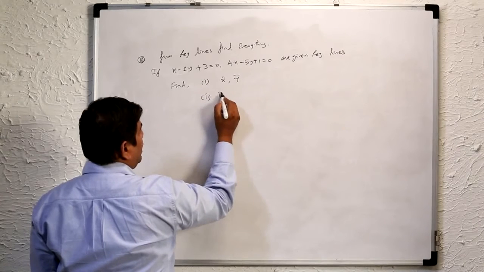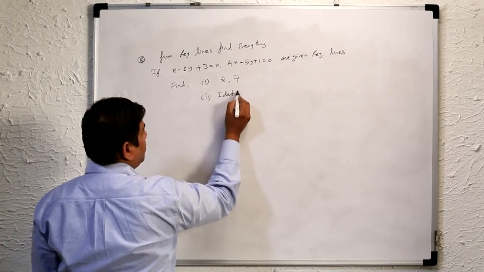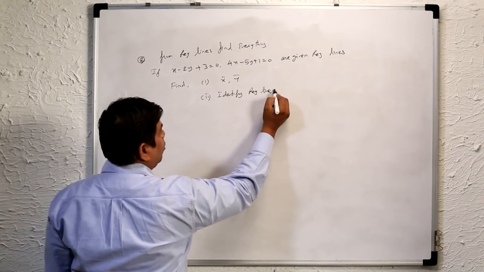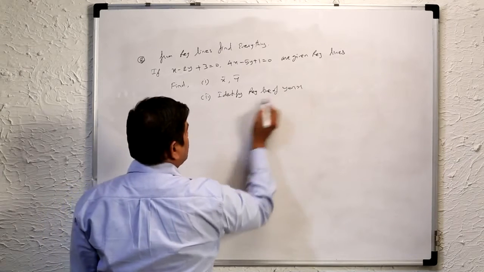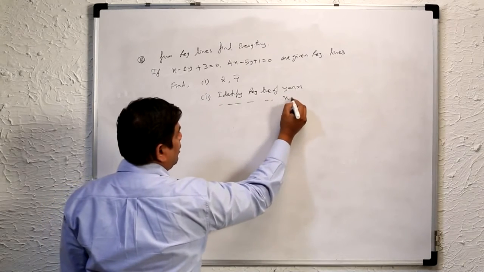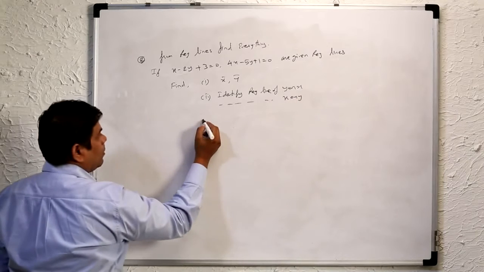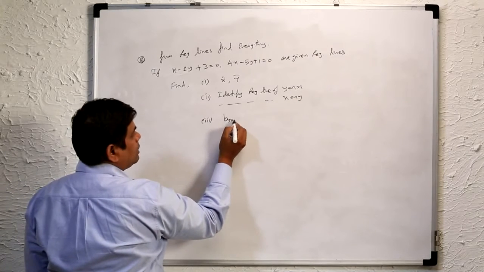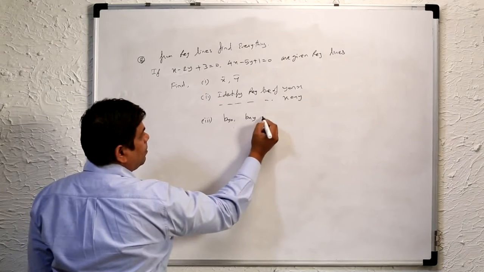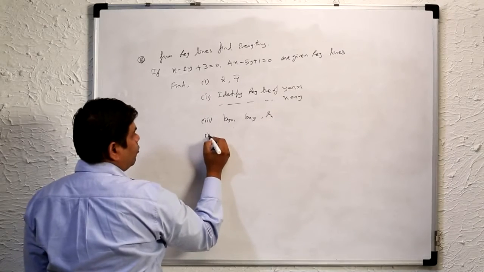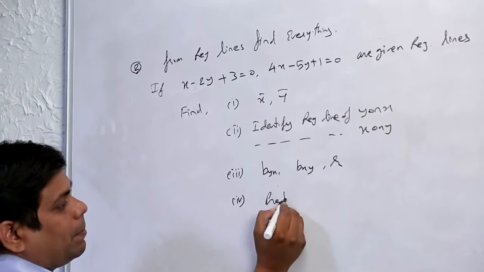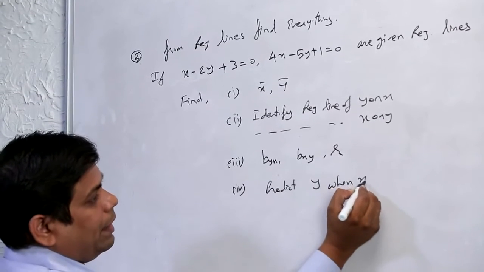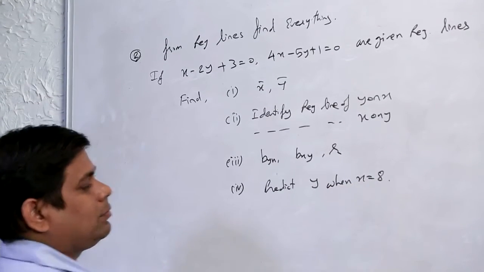Second, identify regression line of y on x. Identify regression line of x on y. Third subpart, find byx, bxy and r. Fourth, predict y when x equal to 8.